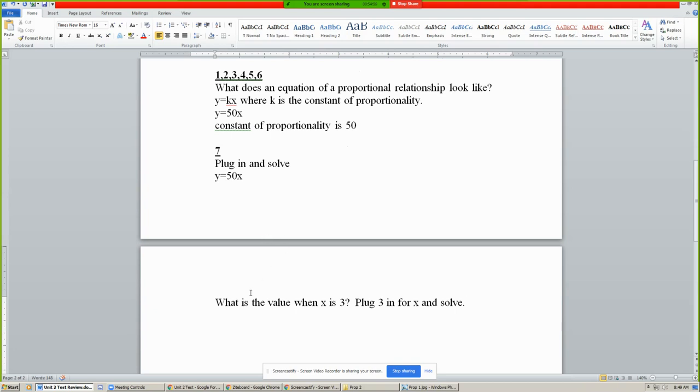What is the value of this equation when x equals 3? You just plug 3 in for x and solve. So 50 times 3 would be 150. That's all you're doing on number 7. You're just plugging in and solving.